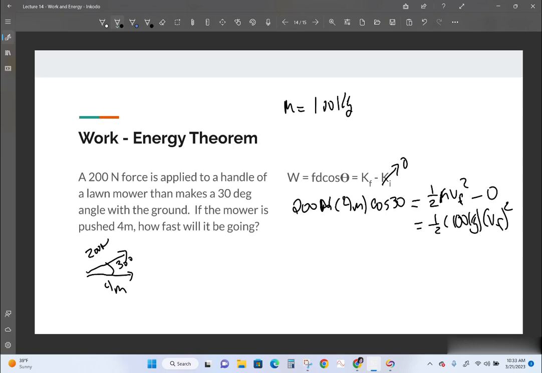Cosine of 30 times 800 is 692.8 joules. I'm going to multiply that by 2 and divide it by 100. And that's going to give me a vf squared of 13.9.